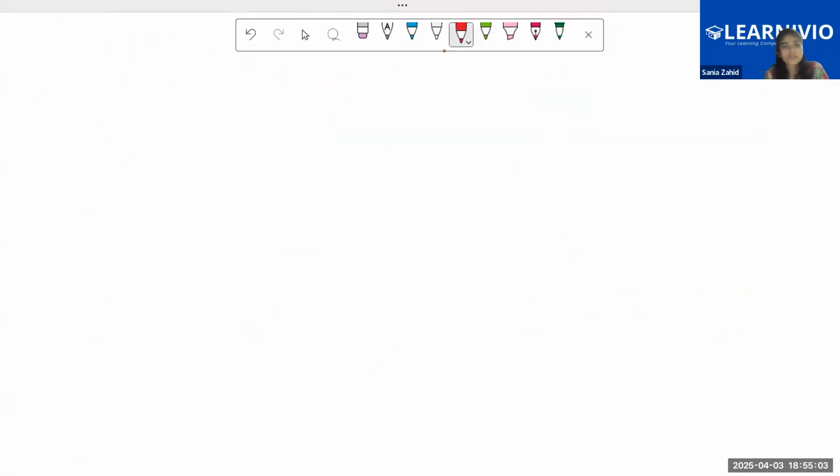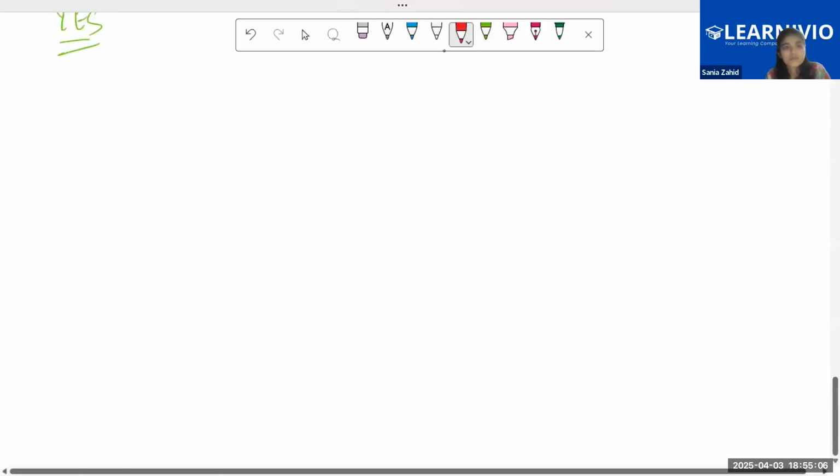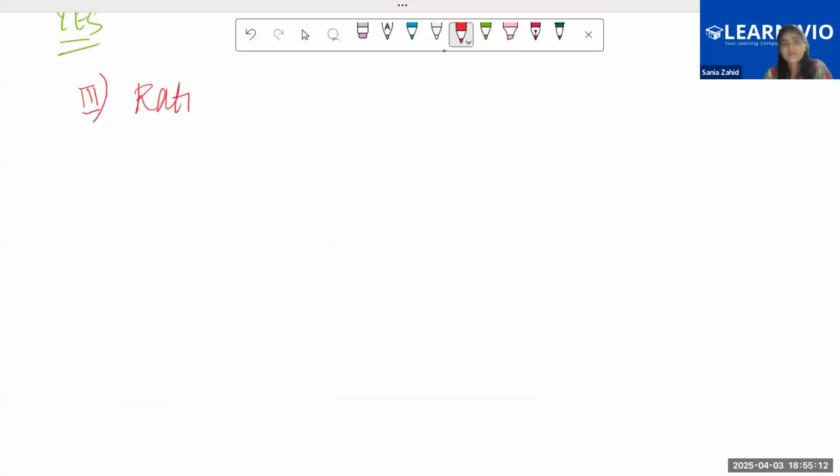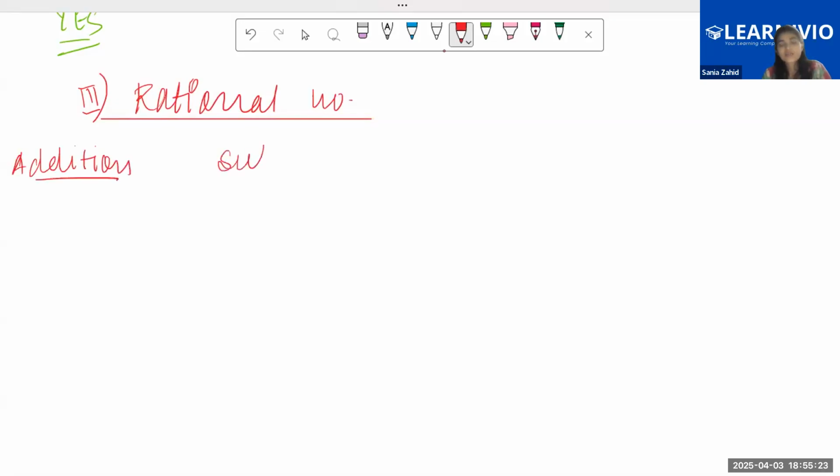Okay, now we come to rational numbers. For rational numbers also we have the same thing: addition, subtraction, multiplication, and division.